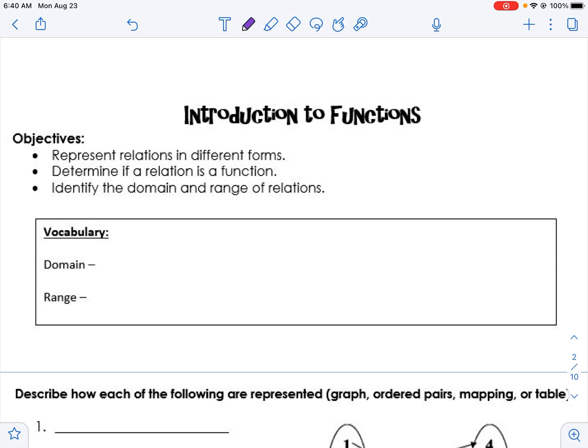So domain is going to be the set of all x values and inputs. Our range is going to be the set of all y values and outputs.